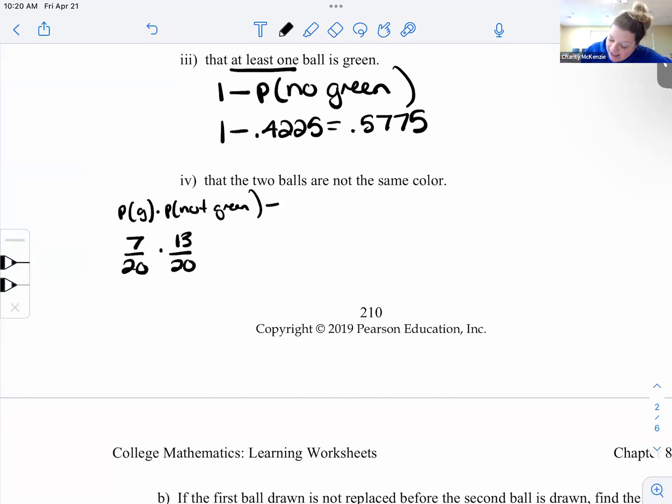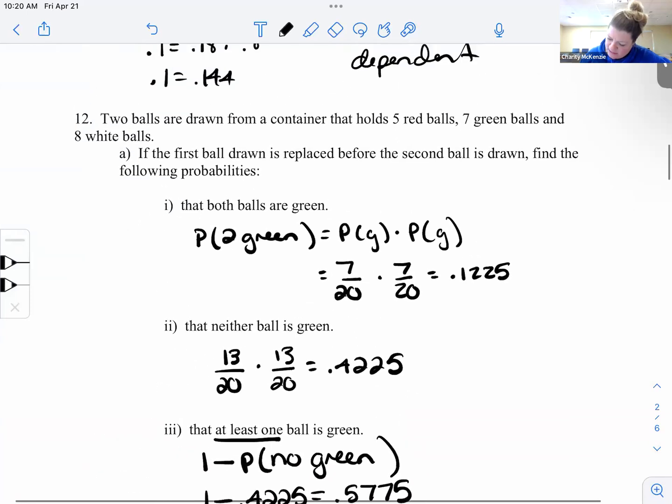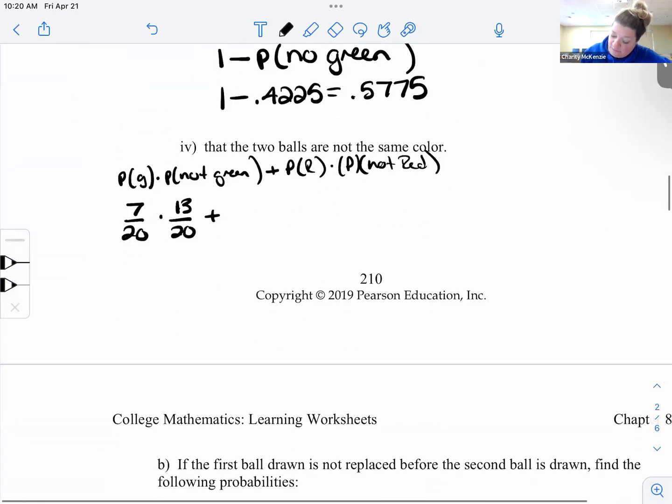Then we're going to add it to the next situation, the probability of a red and a not red. For that one, the probability of a red, I can't remember how many reds we had. 5, I think. 5 reds, yeah. So 5 out of 20, and then the other one would be 15 out of 20.